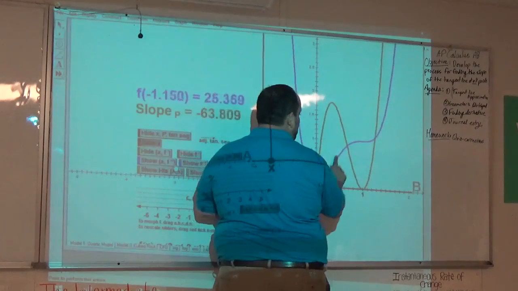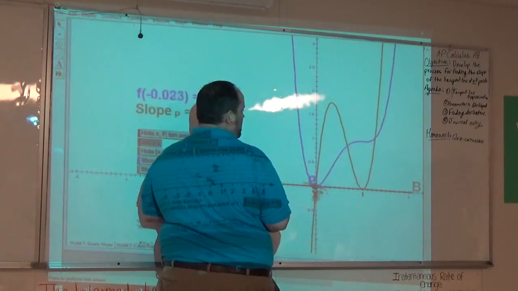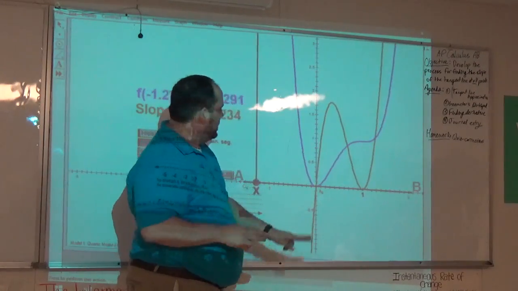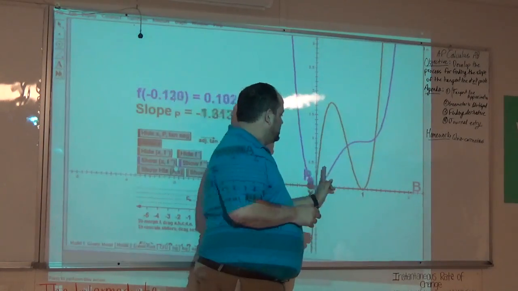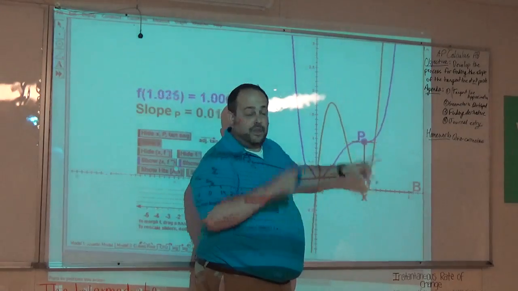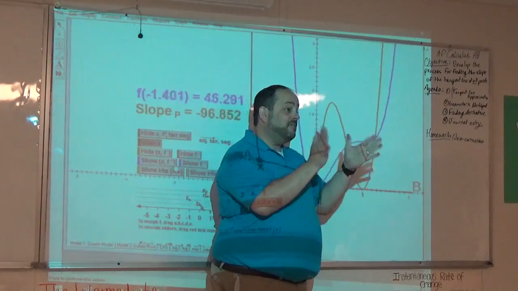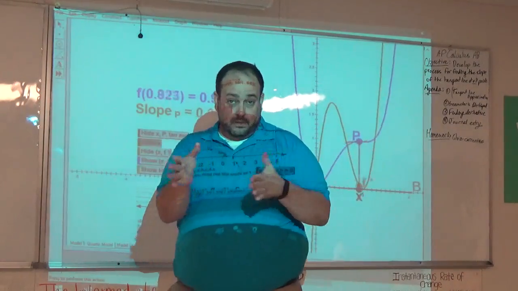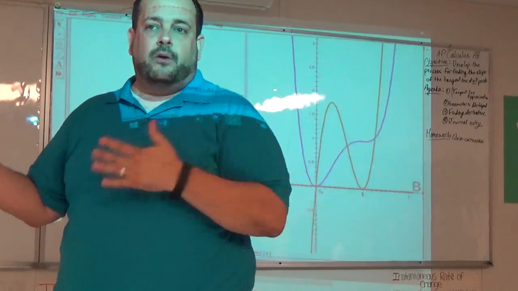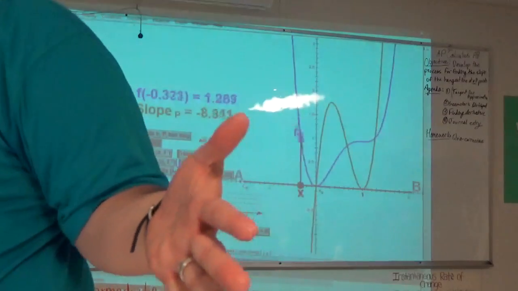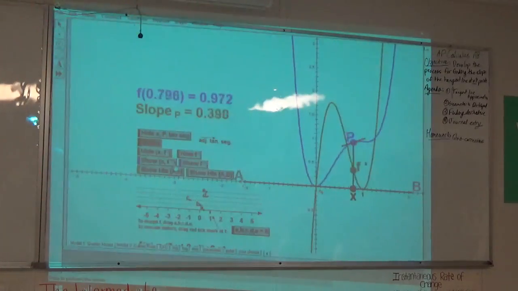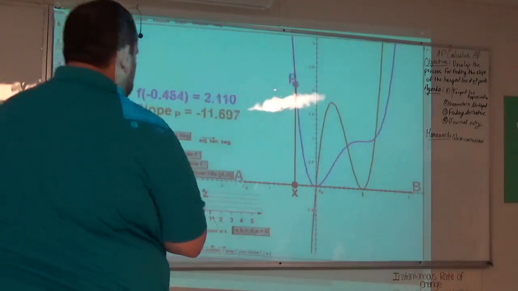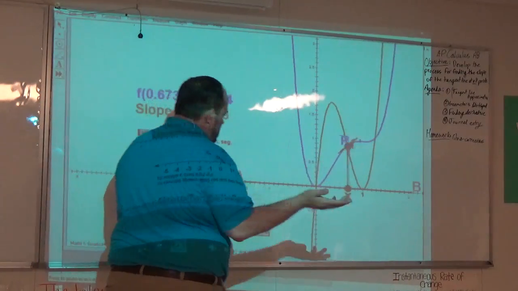When the blue graph is increasing, the green graph is positive. This is the connection you want to be careful with. So what you want to capture here: function increasing, derivative is positive. Original function decreasing, the derivative is negative. And when the original function has a horizontal tangent line, the green graph is going to have a root.